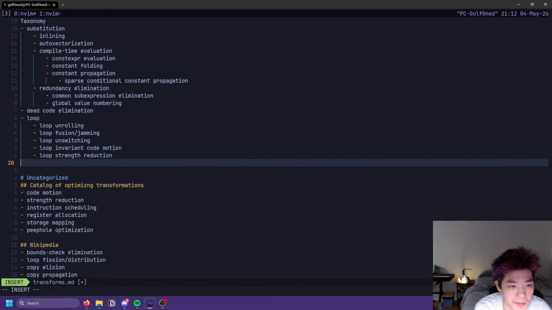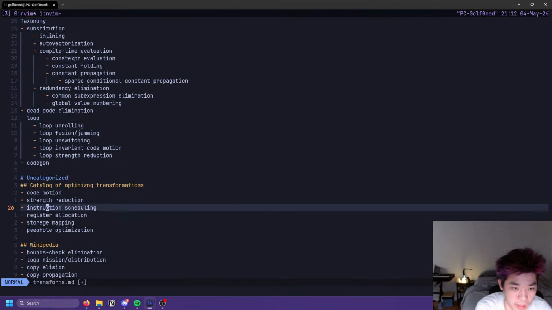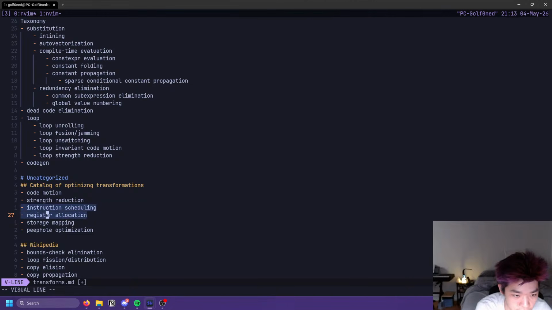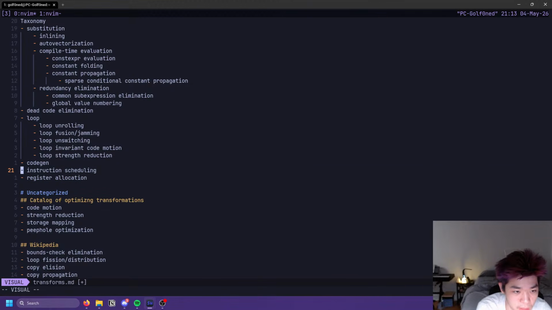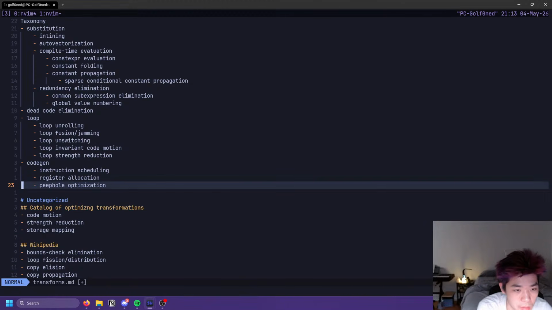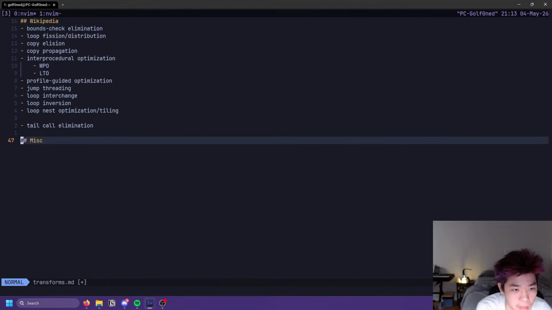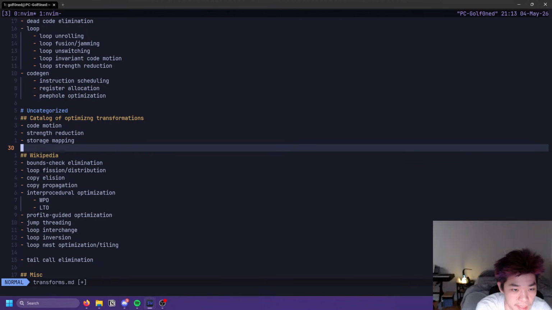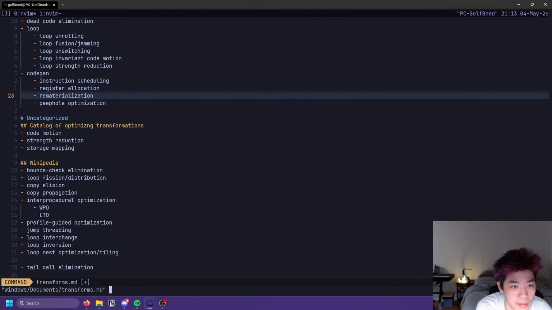Okay, and then I guess we have code gen level optimizations like scheduling, regalloc, and then people definitely go down there. And then rematerialization also kind of fits under here with regalloc.